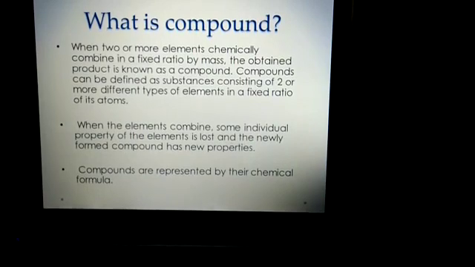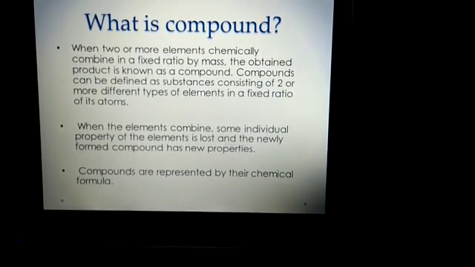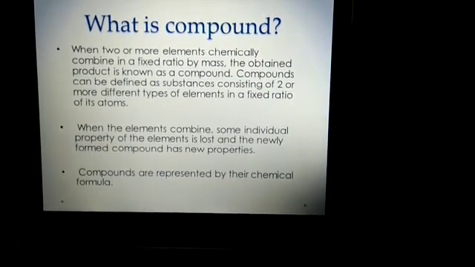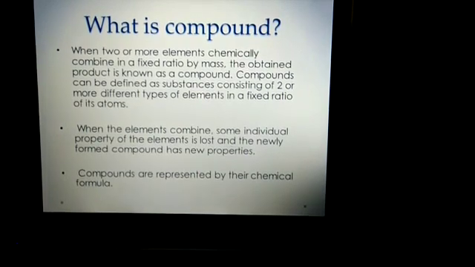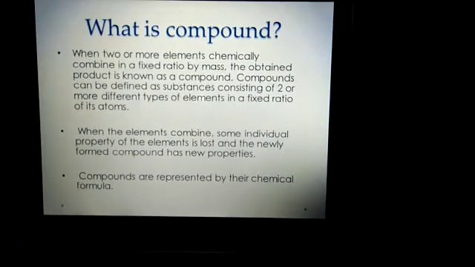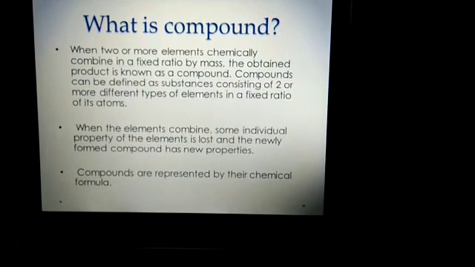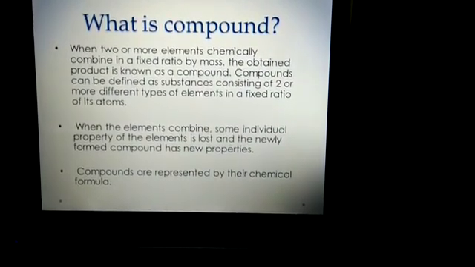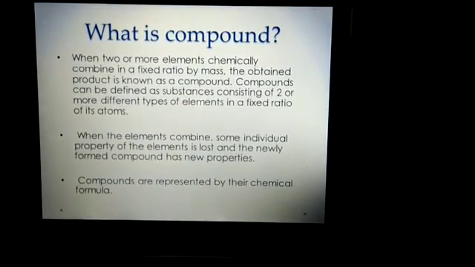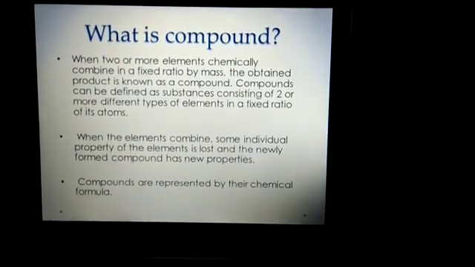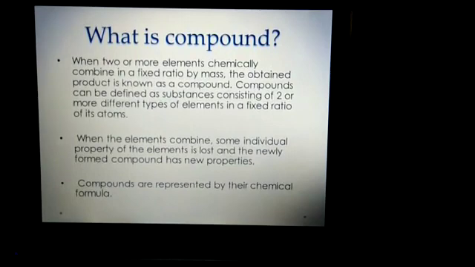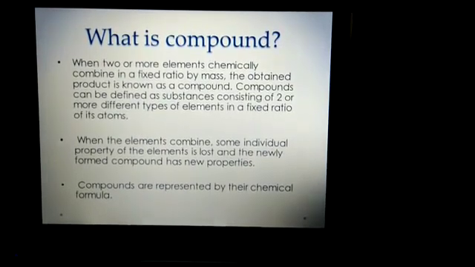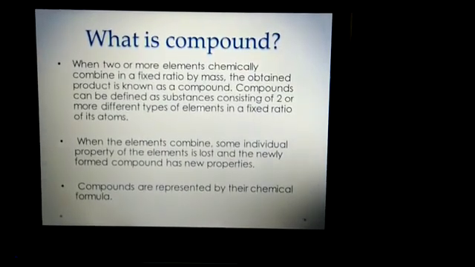When two or more elements chemically combine in a fixed ratio by mass, the obtained product is known as a compound. Compounds can be defined as substances consisting of two or more different types of elements in a fixed ratio of their atoms.